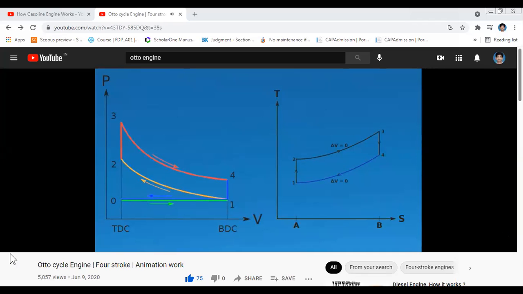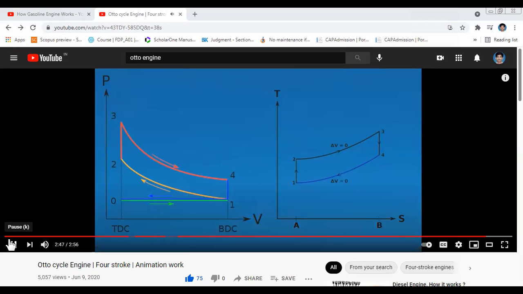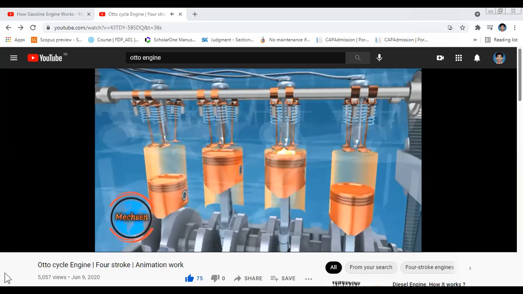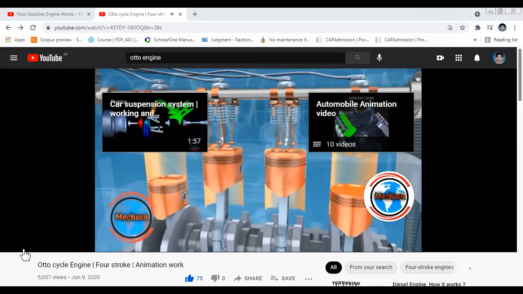The cycle is closed by the exhaust, D, stroke, characterized by isochoric cooling and isentropic compression processes. For a given compression ratio, the Otto cycle is more efficient.